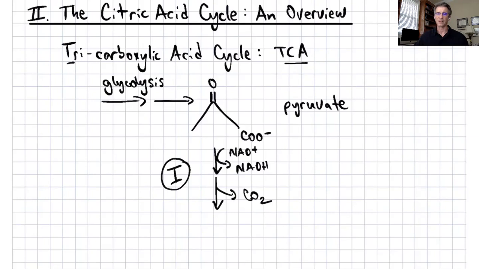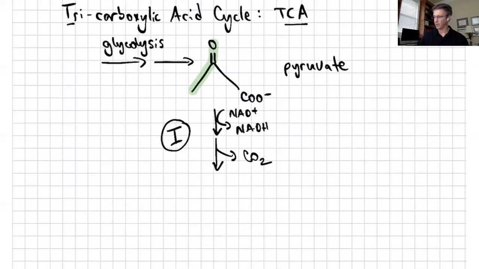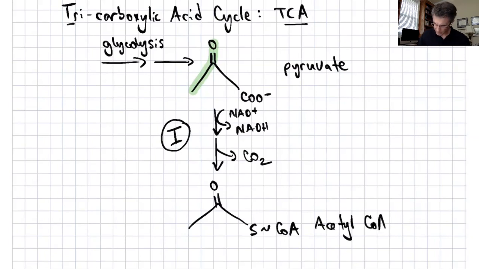Essentially, we're going to use this oxidative decarboxylation reaction to activate the two carbon unit, that acetyl group in pyruvate, to create the activated thioester we talked about before, acetyl-CoA. That's phase one of the cycle.